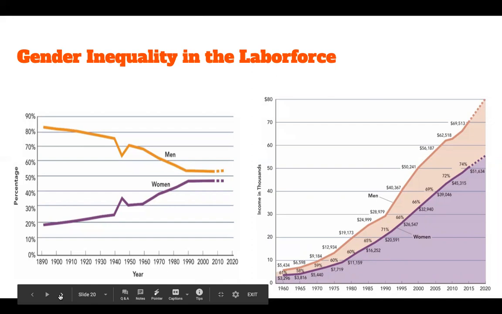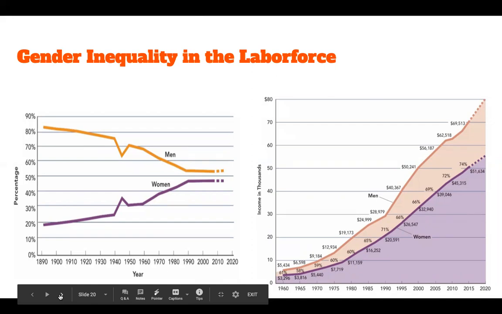And then that decrease went away after men came home from the war. But after that period, especially beginning in the 70s, there's been a dramatic converging between men and women labor force participation.